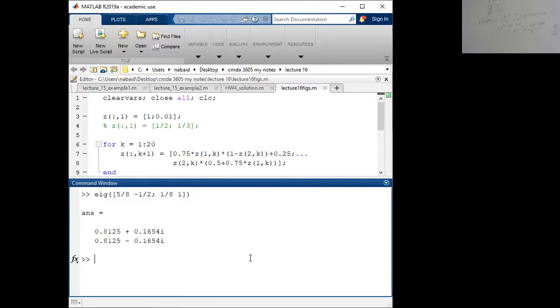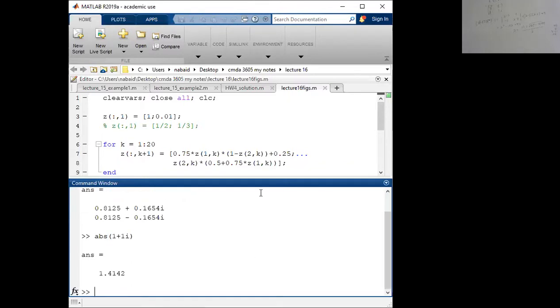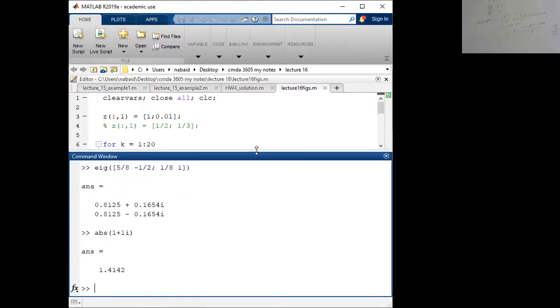These numbers. Great. So what's the spectral radius? We need the magnitude of these, right? And so the magnitude of a complex number can be done with abs. We'll just confirm that. If I did 1 plus i, I get some number, right? That looks like it has that square root of 2 that I'm expecting to be in there.